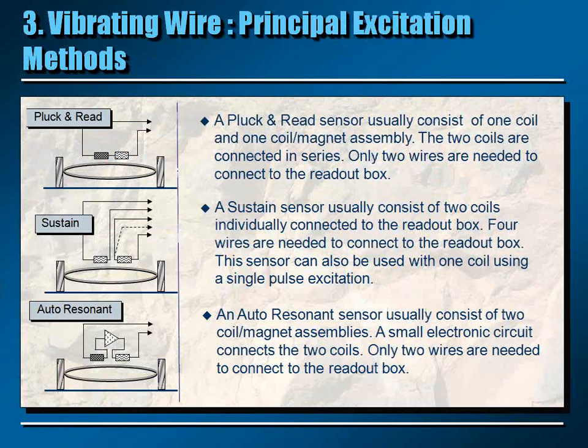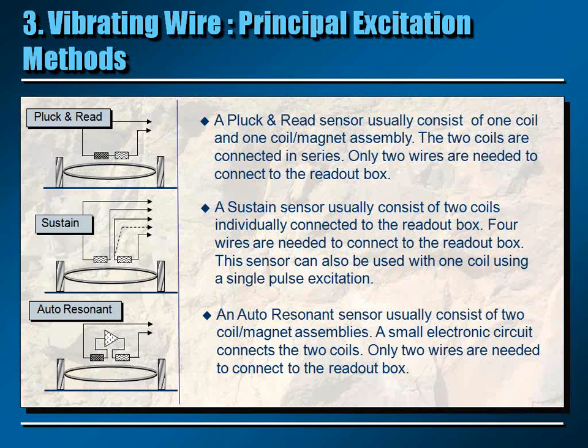Now, there are three ways of reading a vibrating wire sensor. The first one is the pluck and read method. The second one, the sustain method, and the third one, the auto resonance method. The pluck and read method is the most common method. This is the method that is followed by all North American manufacturers of vibrating wire piezometers.